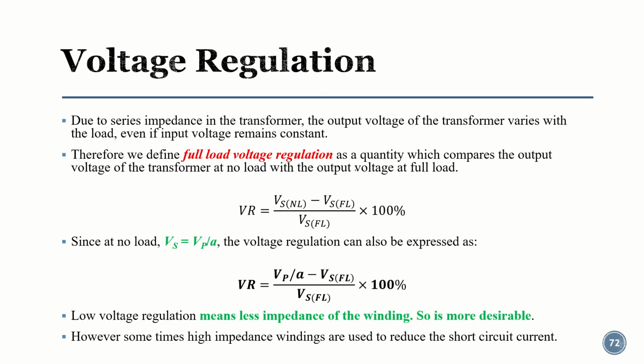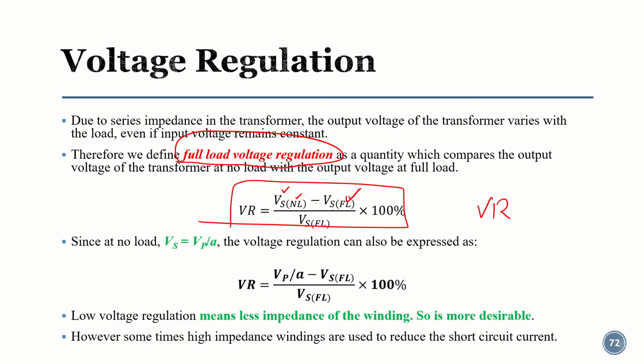For that we define a voltage regulation factor, which is the secondary side voltage at no load minus the secondary side voltage at full load. This is called full load voltage regulation because our reference is full load, and it is divided by the full load value. Using this formula, we can calculate the voltage regulation of a transformer, and it helps us to analyze the efficiency of the transformer.